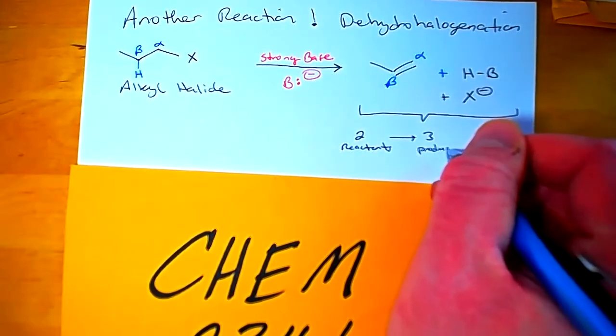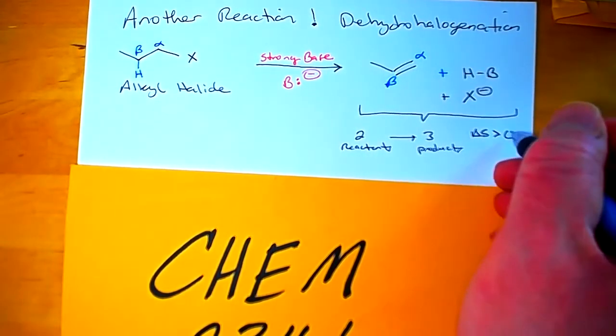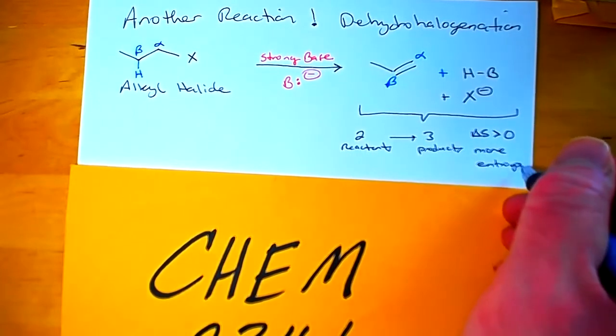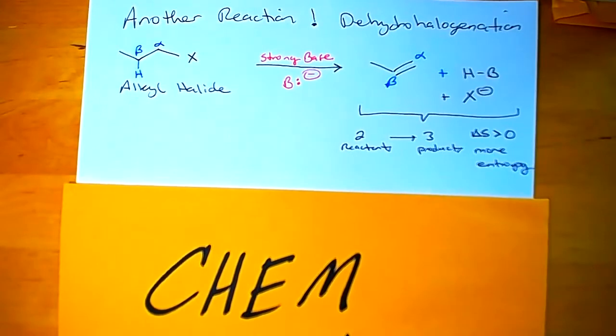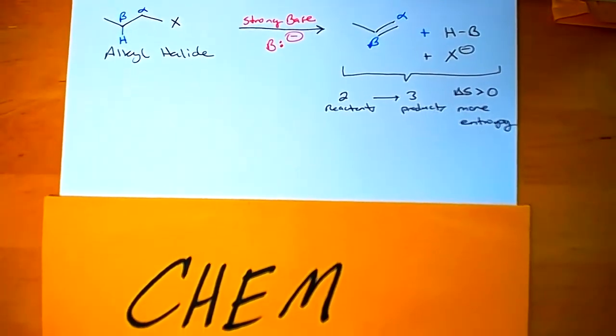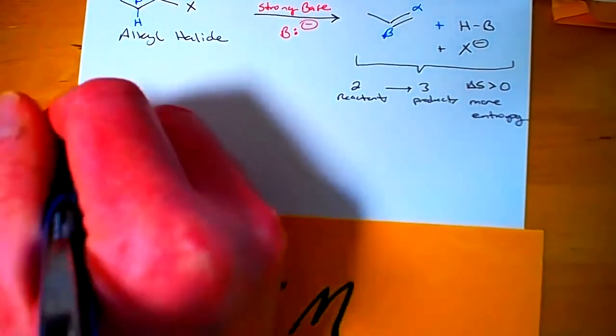And what that means for us is that the entropy change is greater than zero. In other words, there's now more entropy than there was before by doing this reaction. So just keep that in the back of your mind, because it's going to help explain a phenomenon that we see later about this type of reaction.